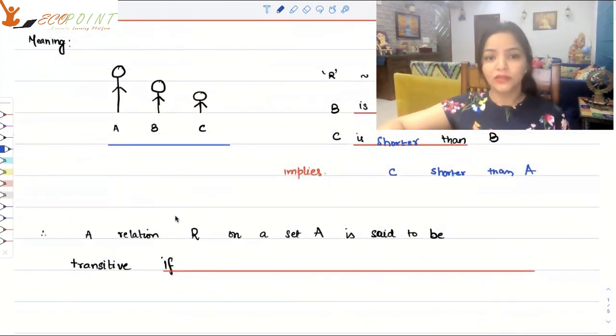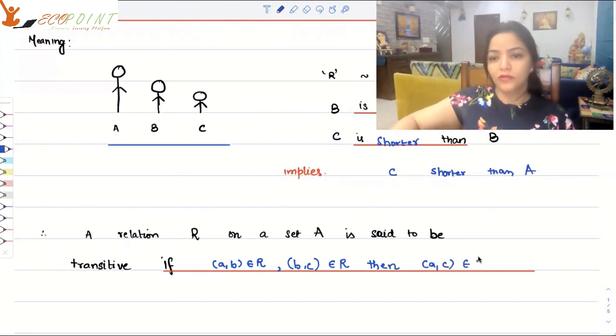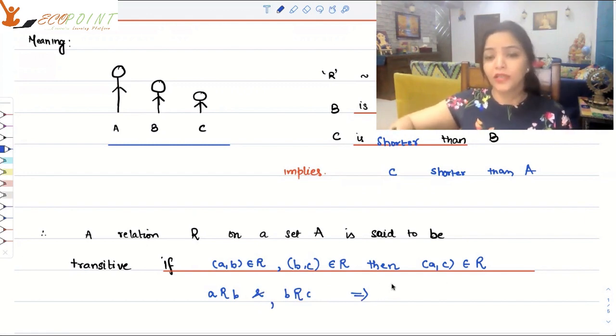Hence, a relation R on a set A is said to be transitive if (A, B) belongs to R and (B, C) belongs to R. Then, if this is happening, then (A, C) belongs to R. In other words, ARB, BRC implies, and when I write a comma here, that means and, both the things are happening together.